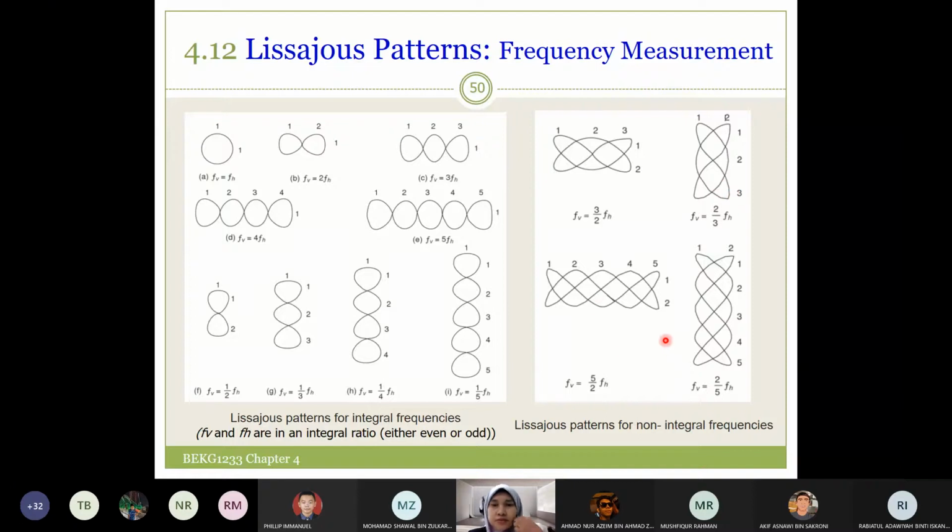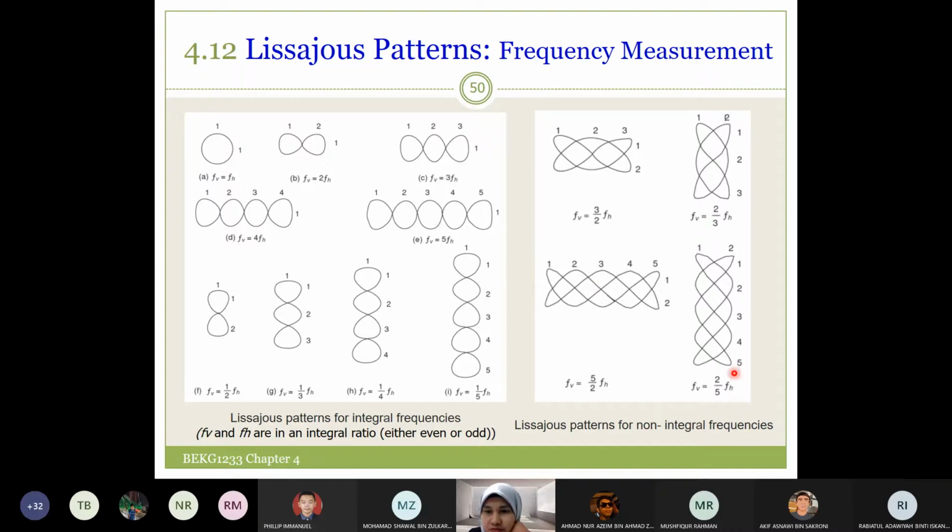This one we have 2 Fv, equal to 5 Fh, 1, 2, 3, 4, 5.